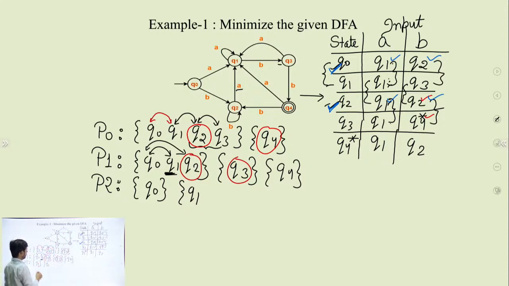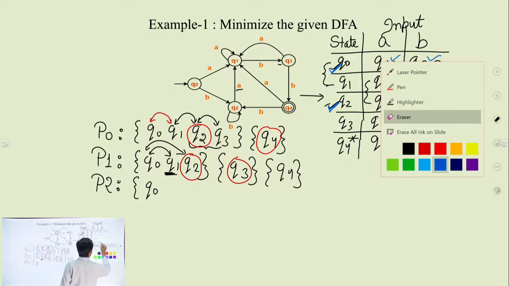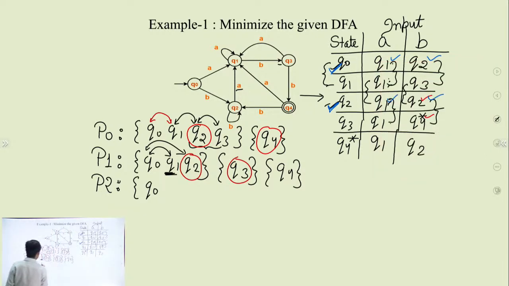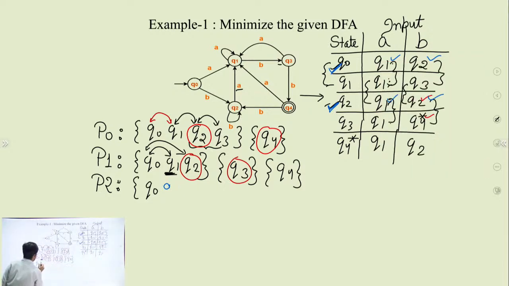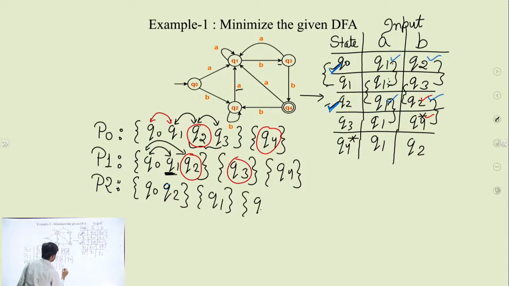So Q node and Q2 come together, and Q1 is a separate state, then Q3.